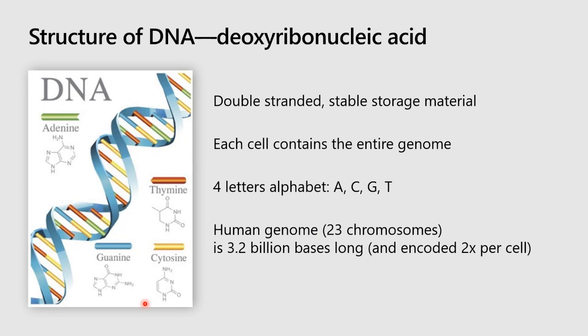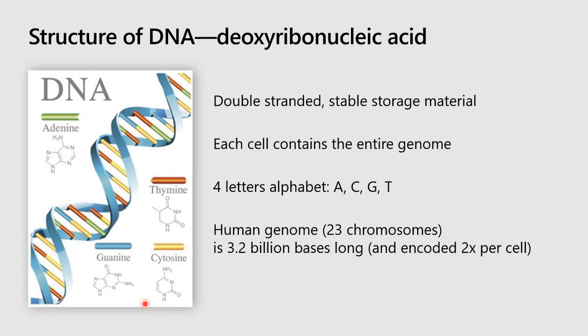If we were to think about this in the context of a novel, a standard novel has on average about 1,300 words per page, it would take 2.5 million pages to encode all of the information that's stored in every single cell of your body in a single novel.